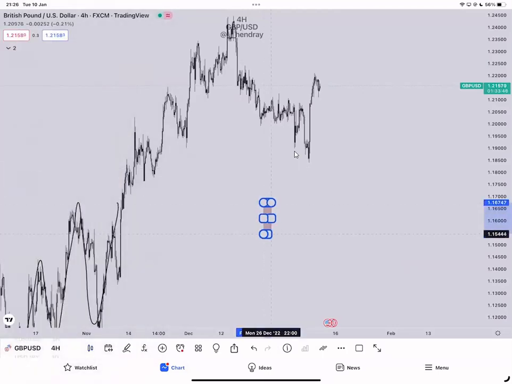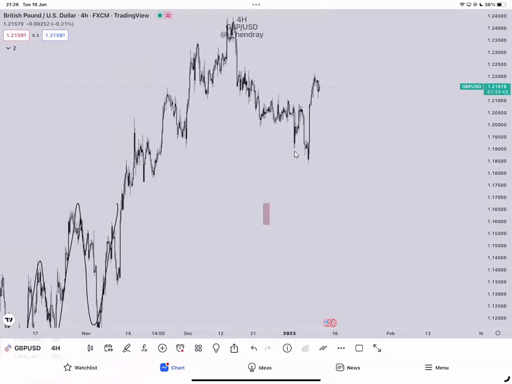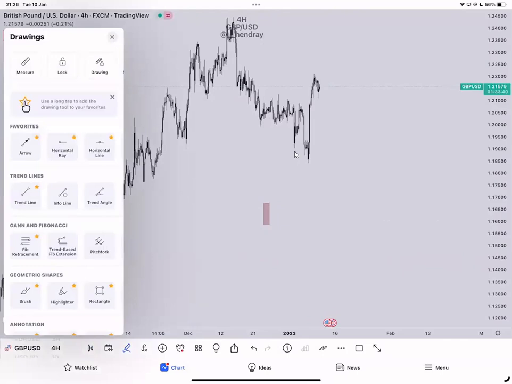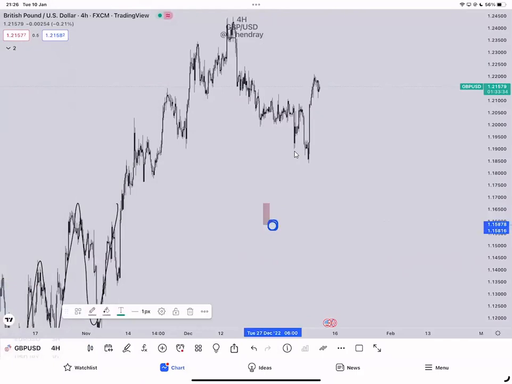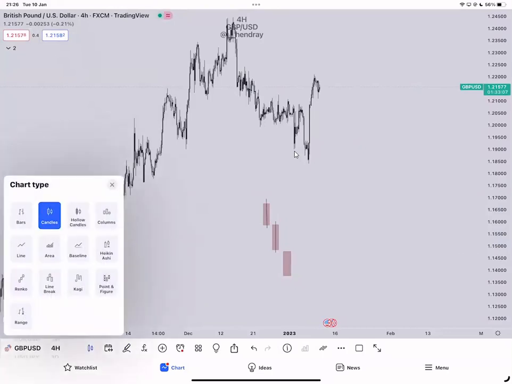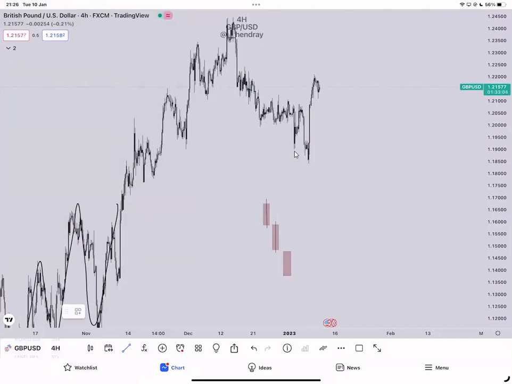So let's say we have, for example, three bearish candles.